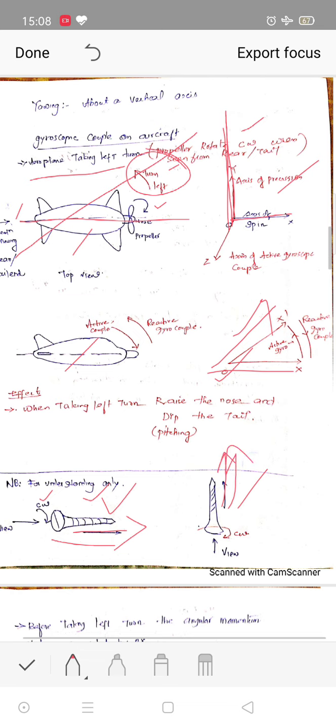Viewing from the bottom side of the screw, what motion should we give to the screw such that it will move upward? Just imagine you are placing a screw in the upward direction and the screw should move upward. Then what motion should we give to that screw? It should be clockwise.